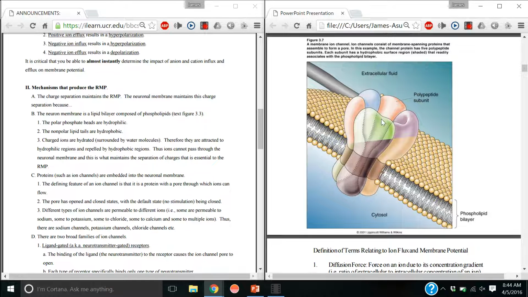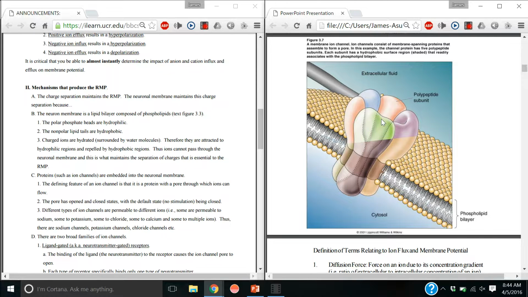They're not opened by neurotransmitters. They're opened by changes in membrane potential, most of the time by a depolarization across the membrane. So if this example was a voltage-gated ion channel, then at rest, at minus 65 millivolts, typically the channel would be closed.